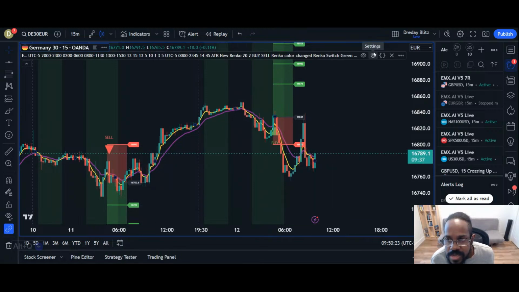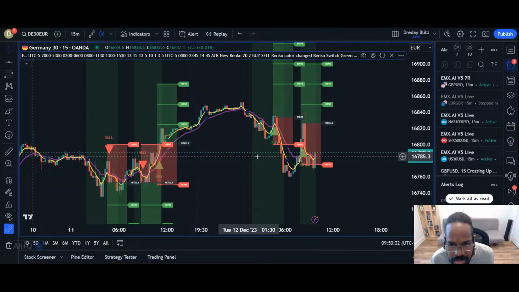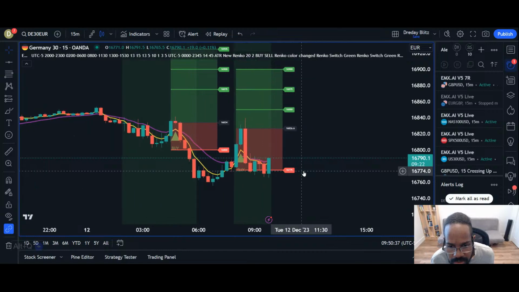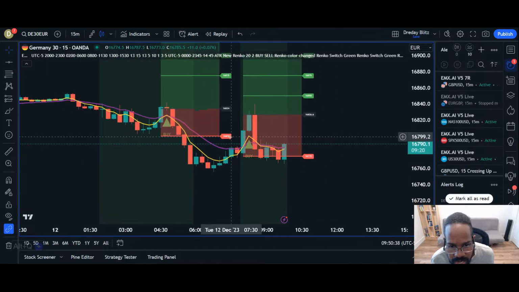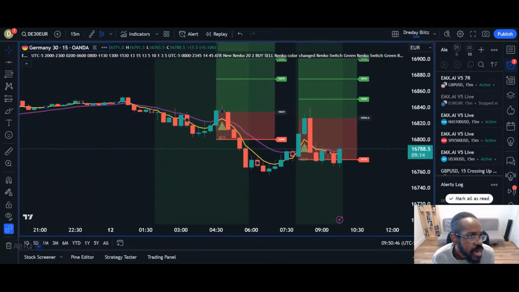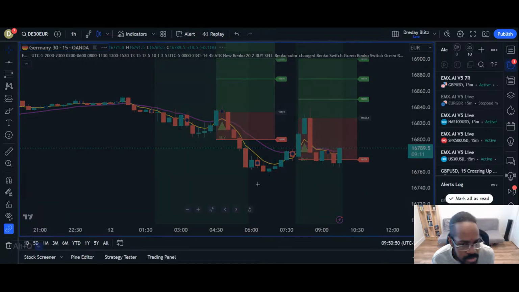DAX, let me double check my settings here. I didn't have this open. There we go. So you traded DAX at the news, or was it on the 1 hour that you took the trade, Leon? Let me know.